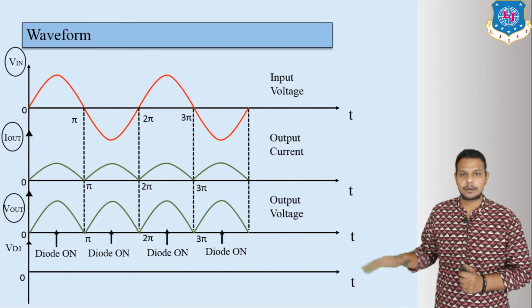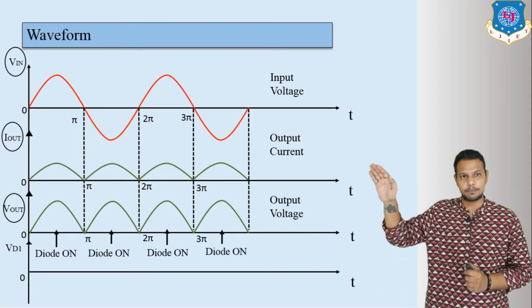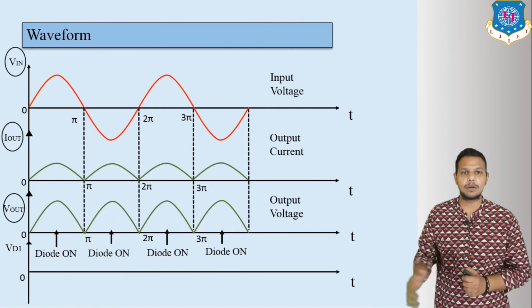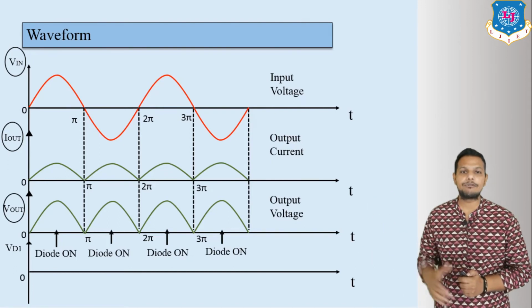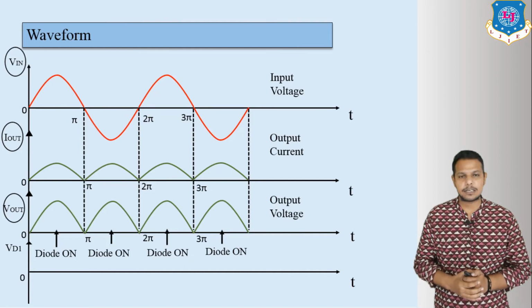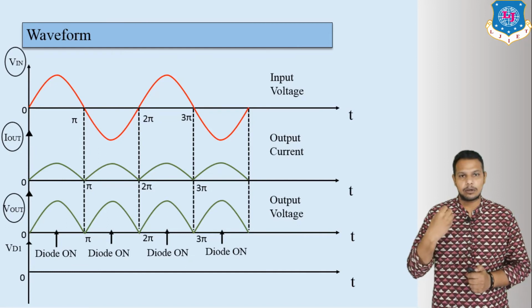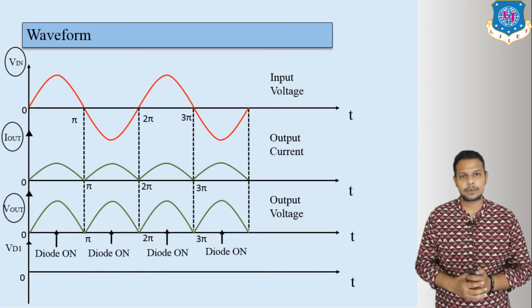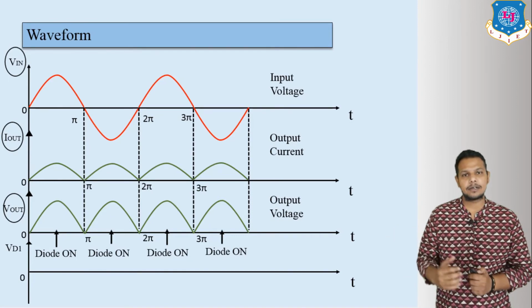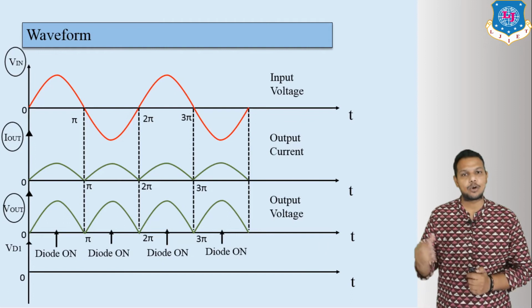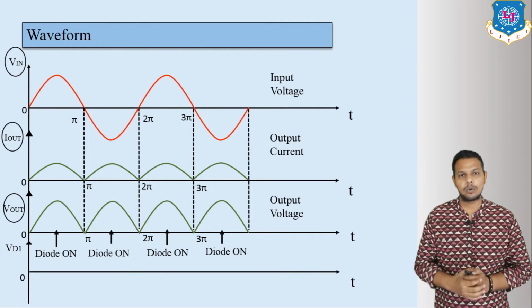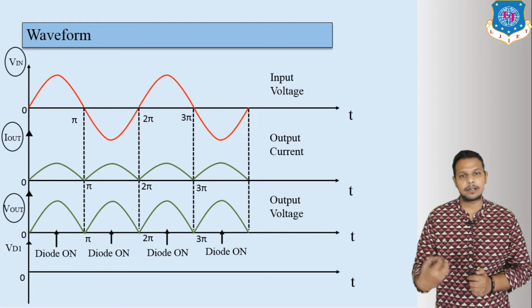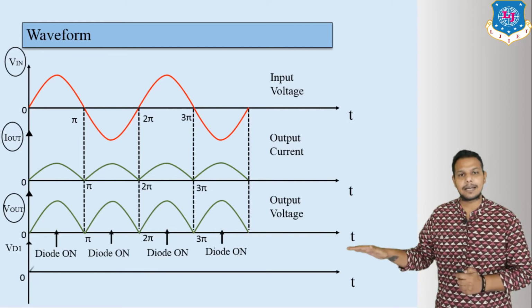So this is the input, output current, output voltage waveform along with VD1. VD1 means you find the voltage across any one diode, that means voltage across diode D1. Now if we measure voltage across diode D1, then we will get a waveform like this.